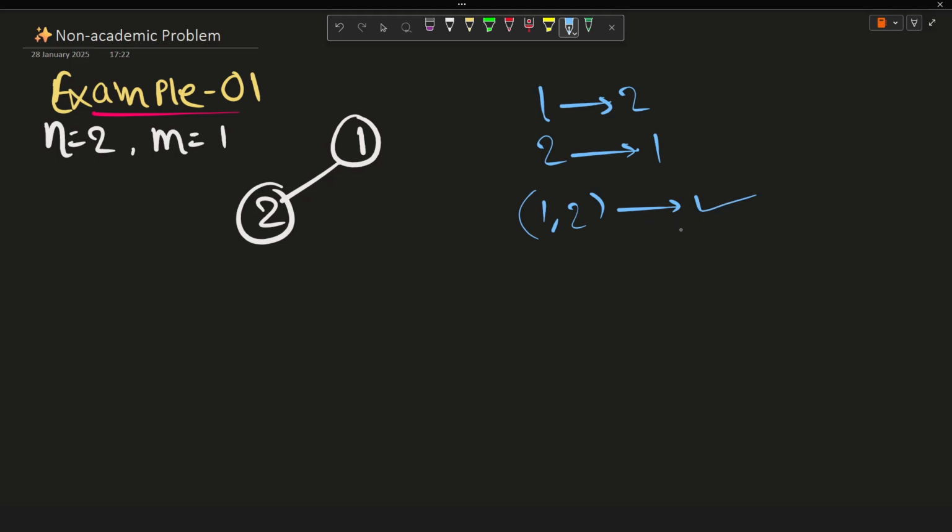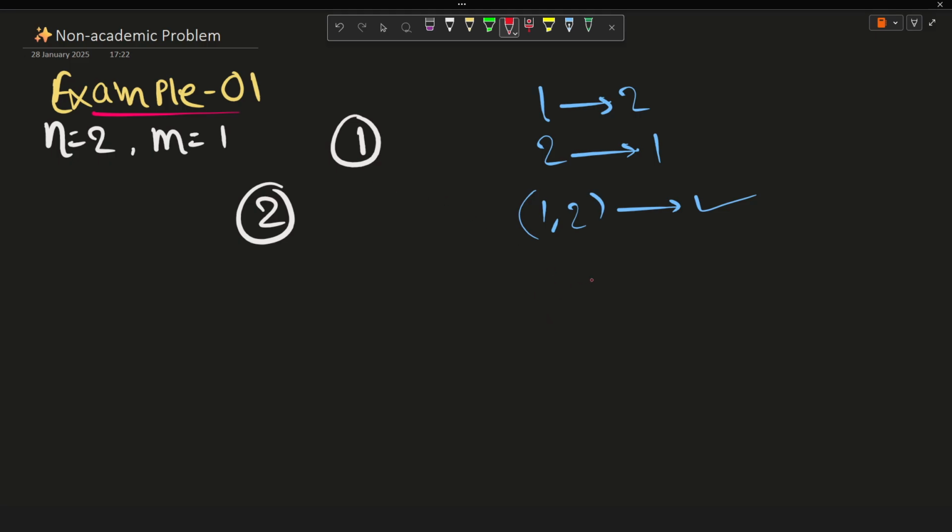So this is one pair, and since in the question it is allowed that I can remove at most one edge between any two vertices, and here there is only one edge present, suppose I remove it. So let's see what happened. Now I have removed the edge, and as you can see I cannot go from 1 to 2 anymore, and similarly from 2 I cannot come back to 1 anymore, right?